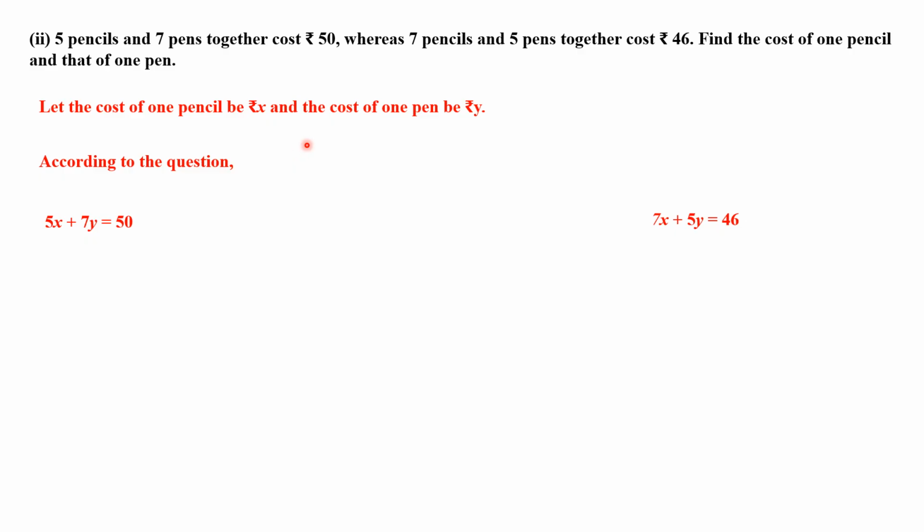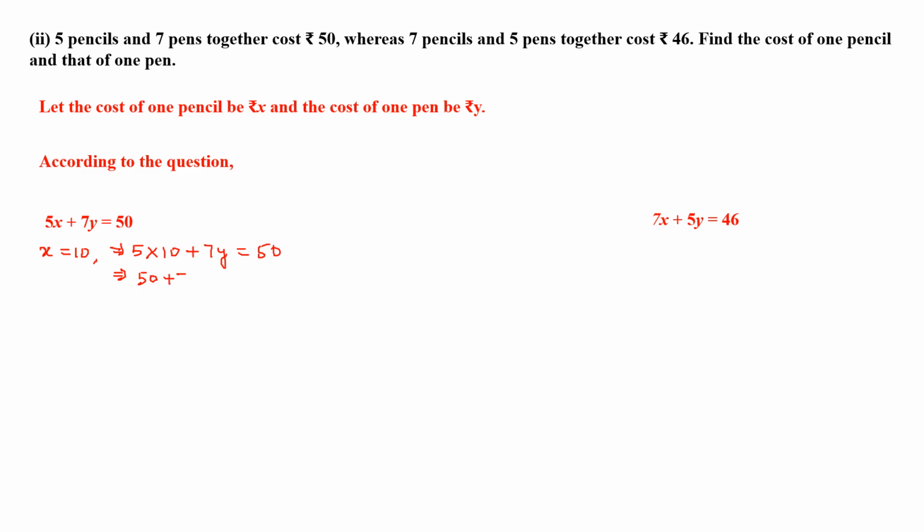Okay. Now to get the solution of what is the cost of one pencil and one pen, we have to first get the coordinates. Then we have to plot the graph of it, and then only we can get the solution. So first of all, I am going to substitute x as 10. When I put x as 10, the equation becomes 5 into 10 plus 7y equal to 50, and 5 into 10 is 50.